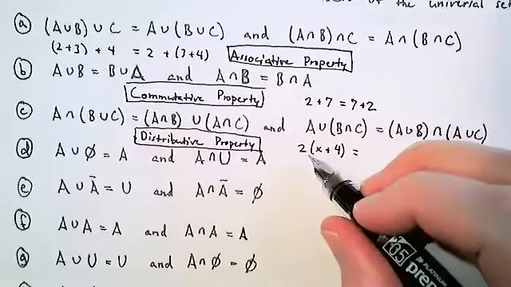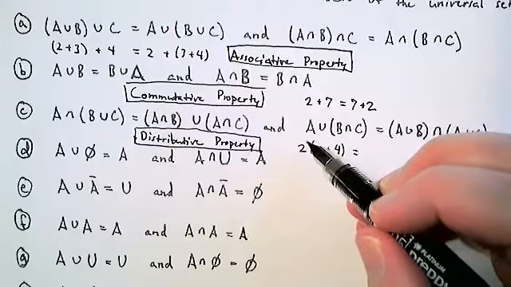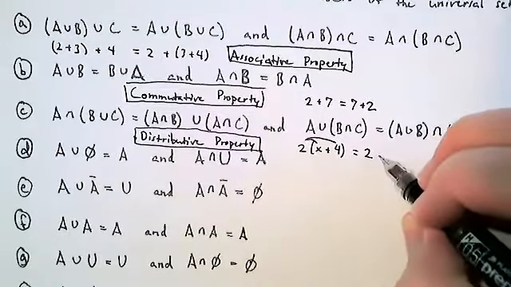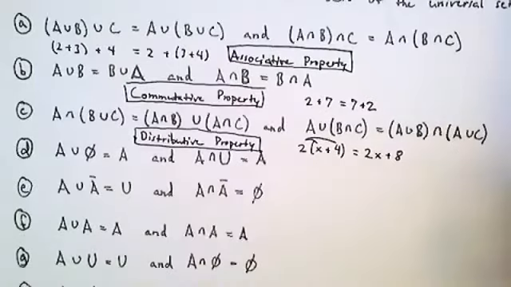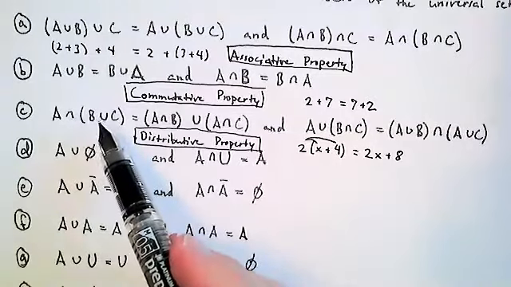So if you have 2 times x plus 4, then you can distribute the 2 and multiply each thing by 2. So that would be 2x plus 8. And the same thing works for intersections and unions.